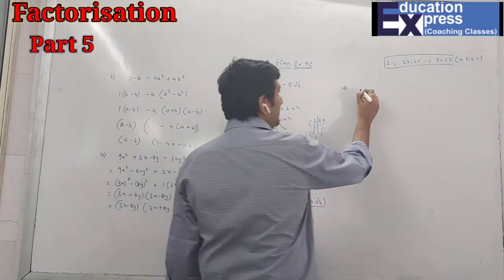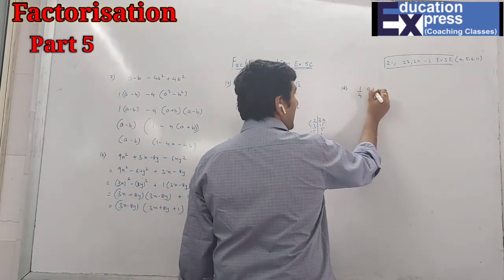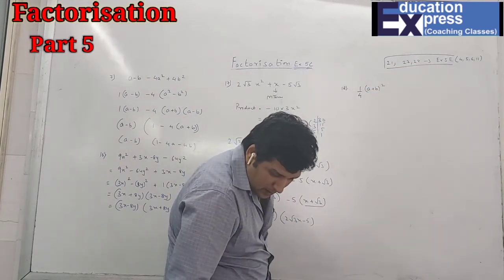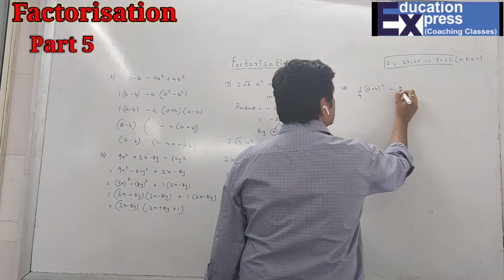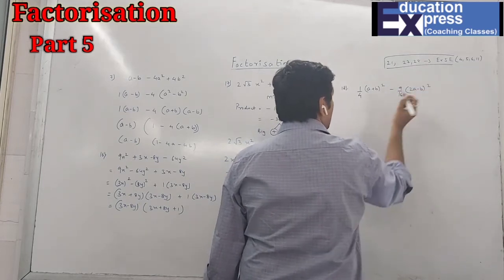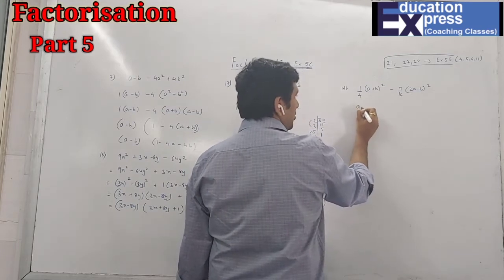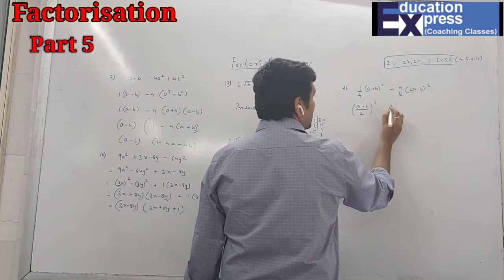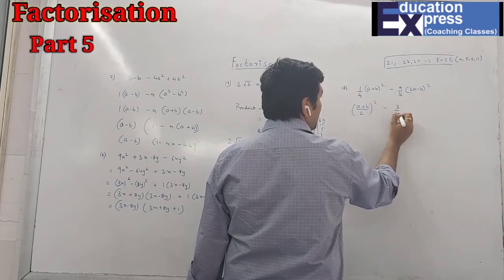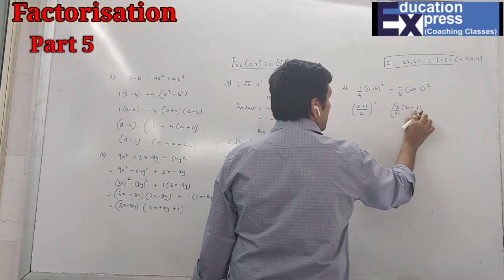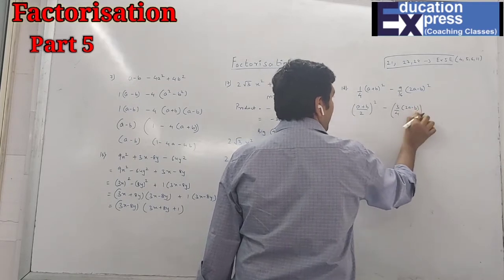One upon 4 (a plus b) the whole square and minus 9 upon 16 (2a minus b) the whole square. So this is nothing but, if I want to write the whole square, obviously (a plus b upon 2) the whole square, and this will be 3 upon 4 (2a minus b) the whole square.